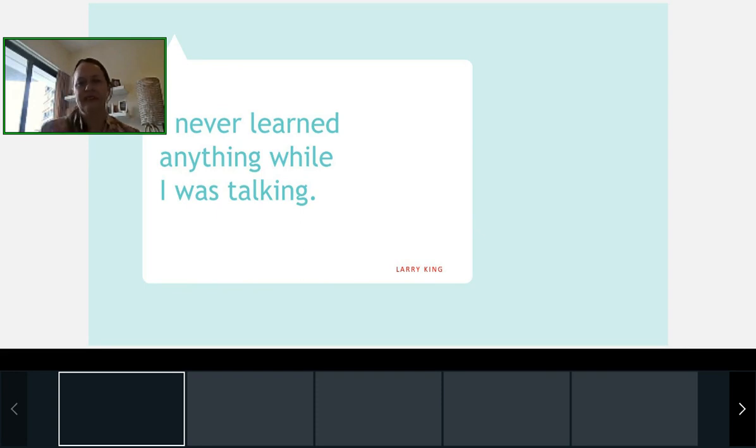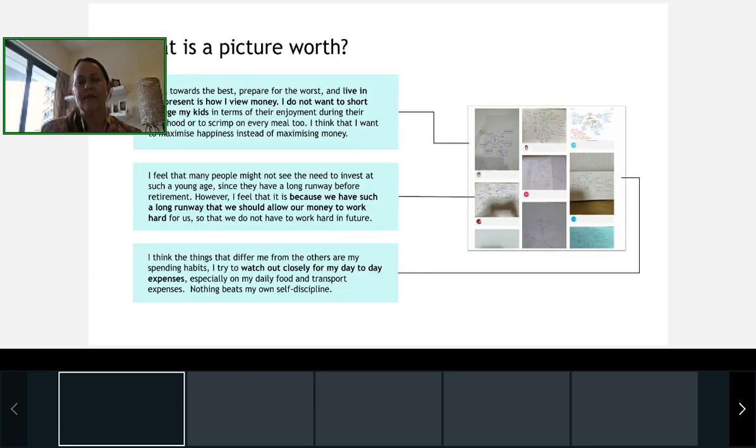So for us it's not just talk, video, face to face, but also very much about looking at the pictures and being able to deconstruct and understand where people are coming from by matching up what they're telling us, what they're typing or what they're sharing in their words with the pictures that they're providing to us.